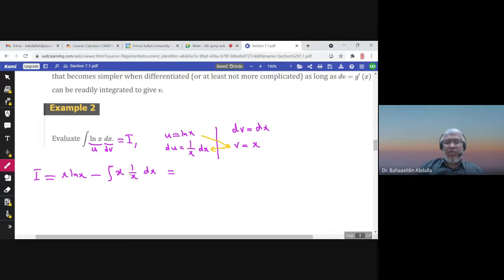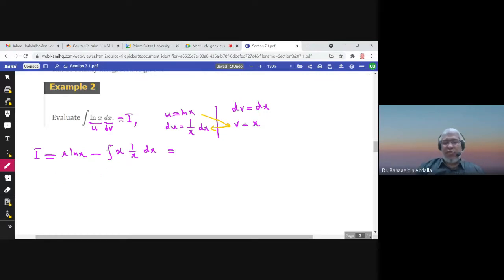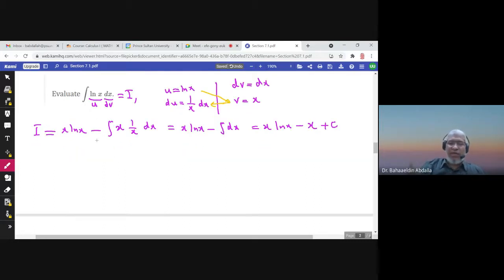And what is x times 1 over x? x cancels with x and you get 1. So this would be x ln x minus the integral of 1 dx, or just the integral of dx. And the answer would be x ln x, the integral of dx is x, plus c. This would be the integral of ln x dx. If you find the derivative of this and use the product formula to find the derivative of x times ln x, you will get ln x.